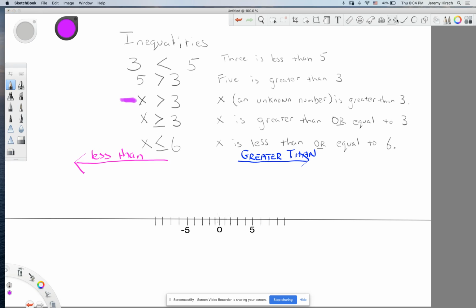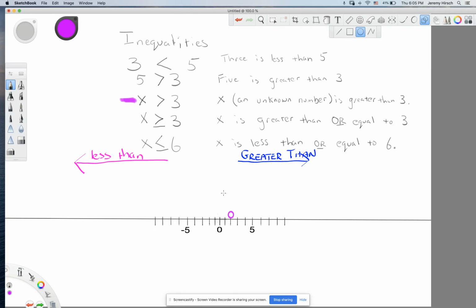So the first thing we want to do is put a circle at 3. 1, 2, 3. Let's put a circle above. Okay, so we're going to start with 3, and then we're going to go like so.